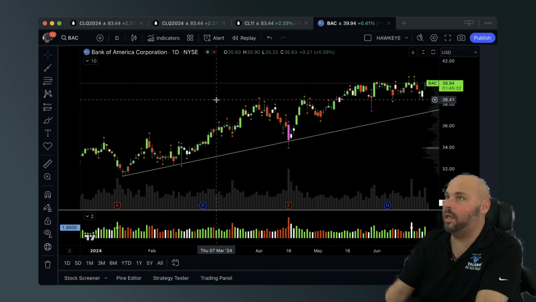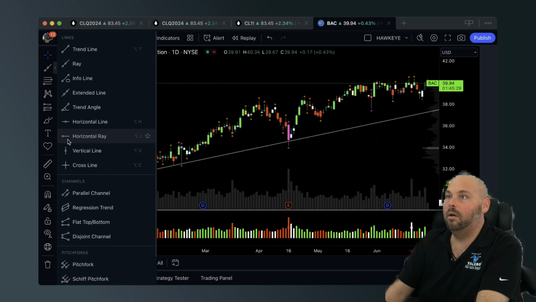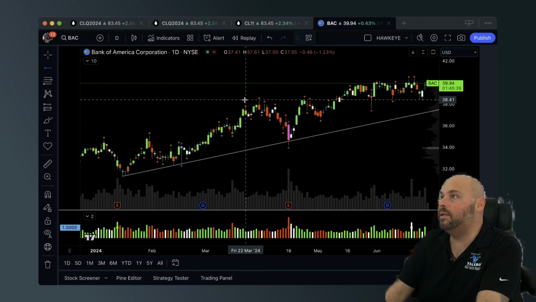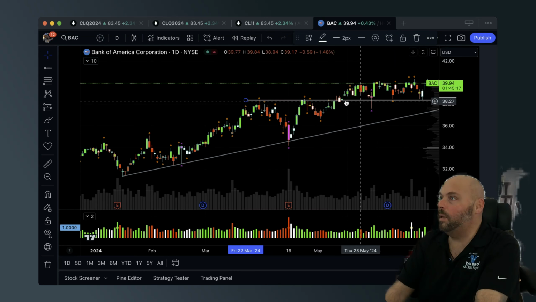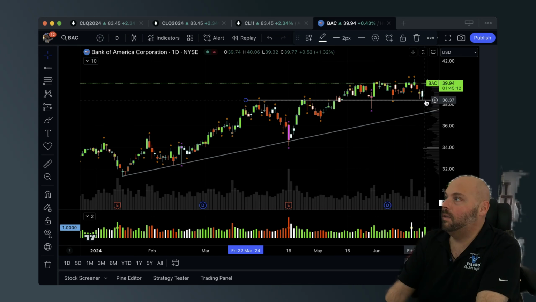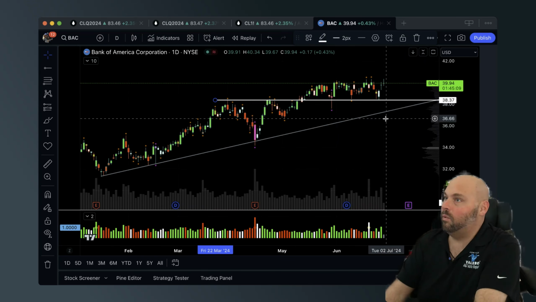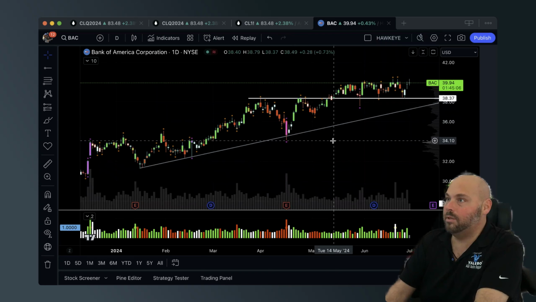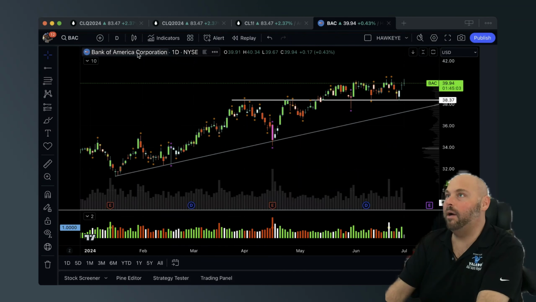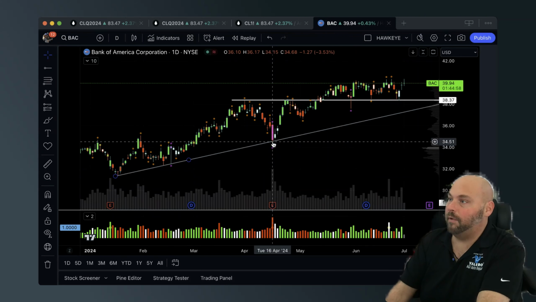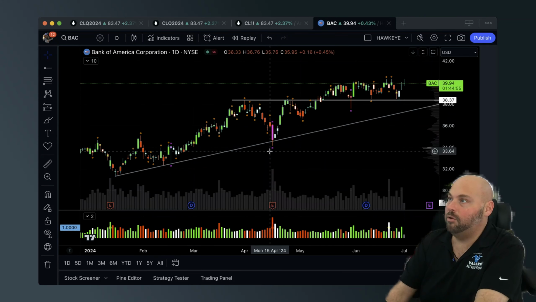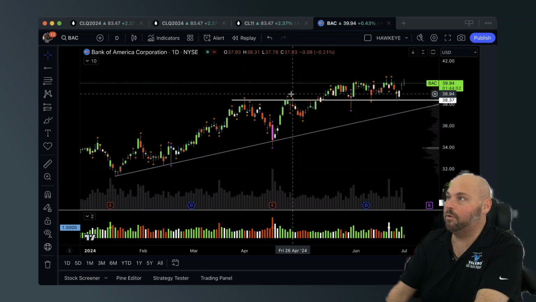Not only did we push them, let's drop a horizontal ray here. You can see these highs became what? They became future support. Notice we broke it here, retest, just short of a test, and another test, right? So we just drew 2 lines on a daily chart of Bank of America. We were able to establish where future support was found based on understanding that volume climaxes are high probability reversals, right?